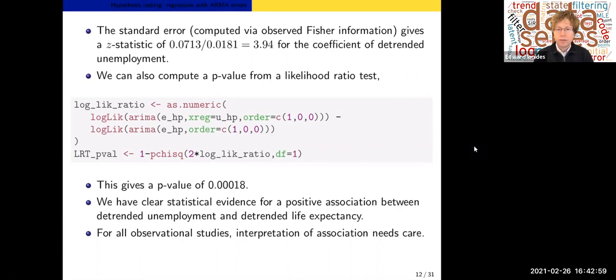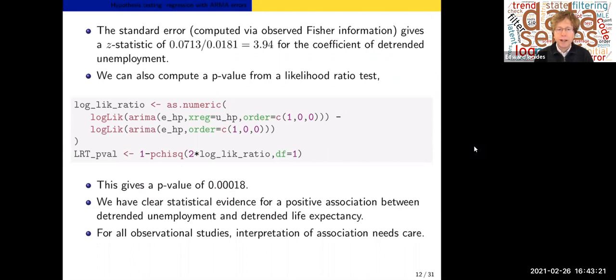There's a 1 degree of freedom difference because the basic ARMA model just has one parameter for the mean, which is a constant mean, and the model including unemployment has two parameters, an intercept and a slope for the coefficient of HP.